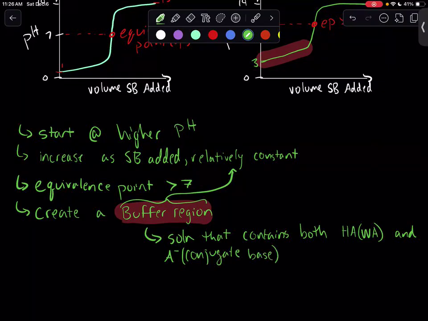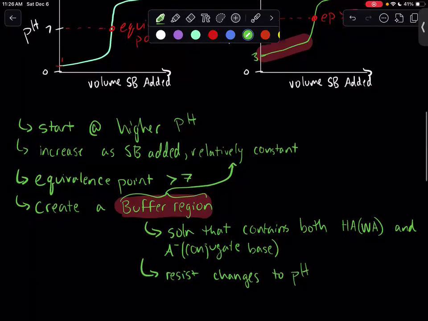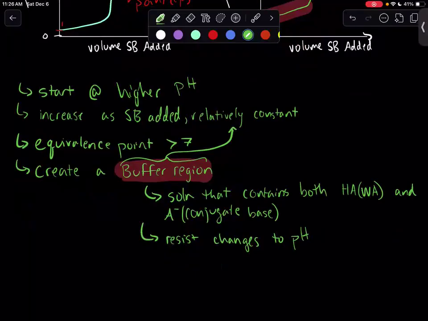So this region has both our acid and our conjugate base. And because of this, the buffer region can resist changes to pH. And it very well does. It can keep a relatively stable pH within a certain region.